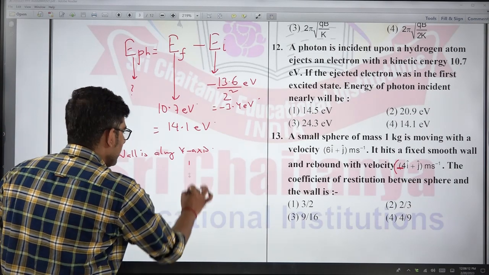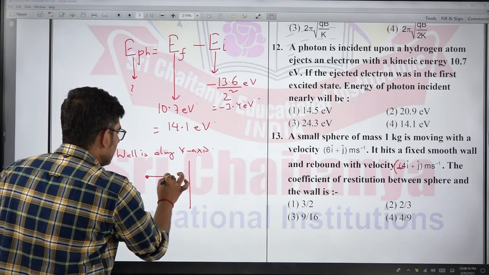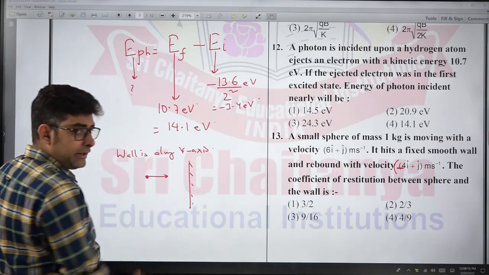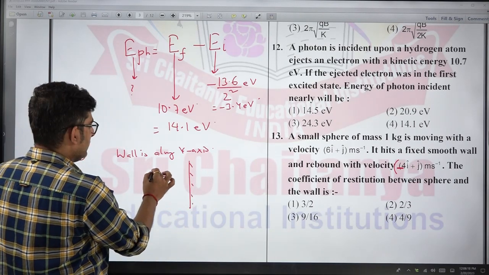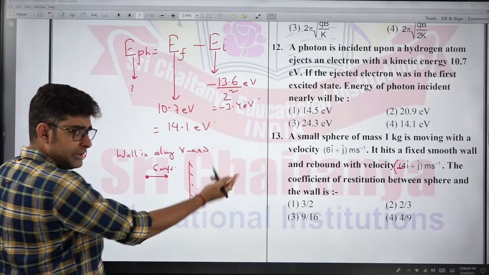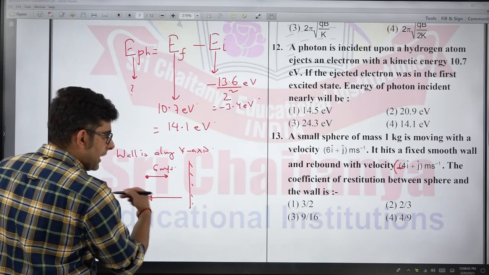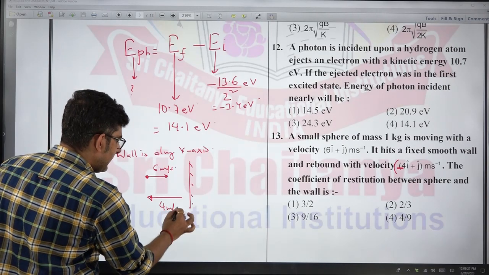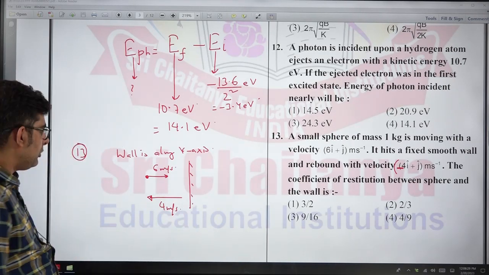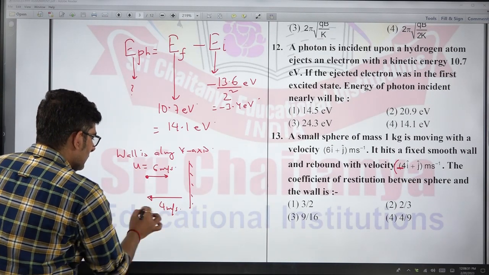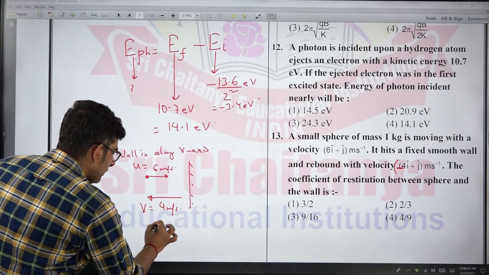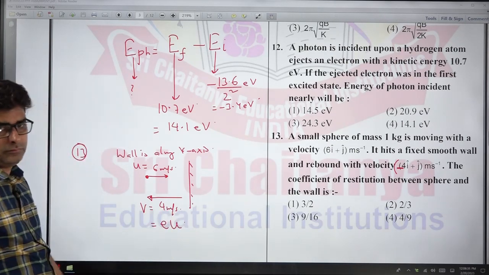Now you have a very simple concept. See, this ball was coming with what velocity? Static wall. What velocity is coming horizontally? 6i cap means 6 meter per second, and it is rebounding by minus 4, so you can say 4 meter per second. And do you know if this is u, then this v we know is e times u.